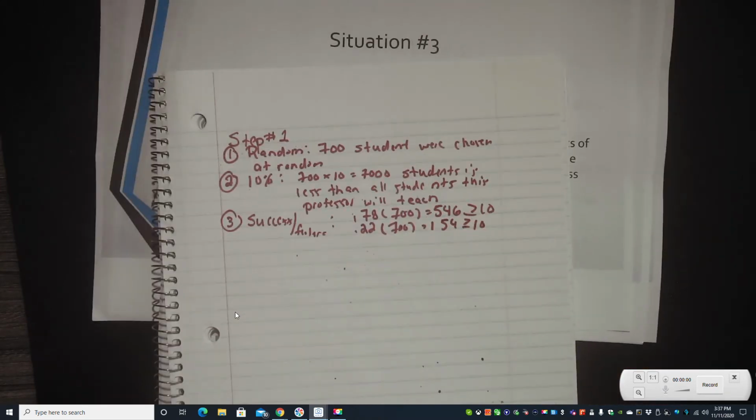Okay, and then with all those things, we can now do our hypothesis test.